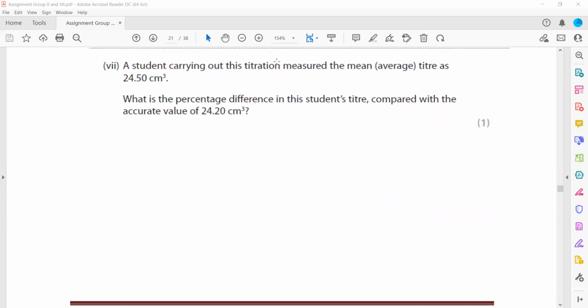What is the percentage difference in this student's titer compared to the accurate value of 24.20?